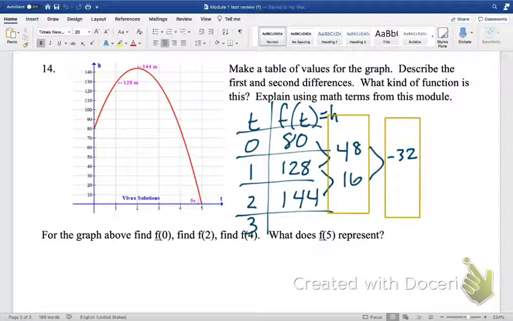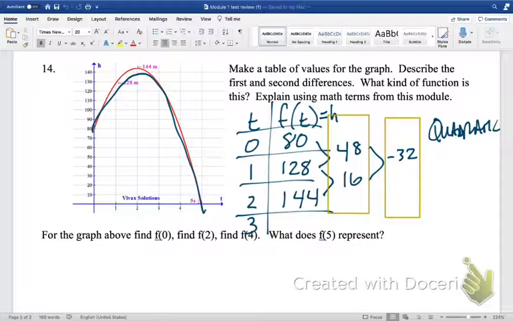But what kind of function is this? Based on what you see here, based on the fact we know that we don't have a common first difference, I can say that this is going to be a quadratic function. Then, from the graph, we need to find f of 0.